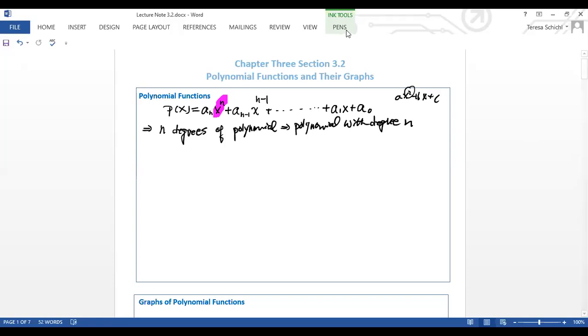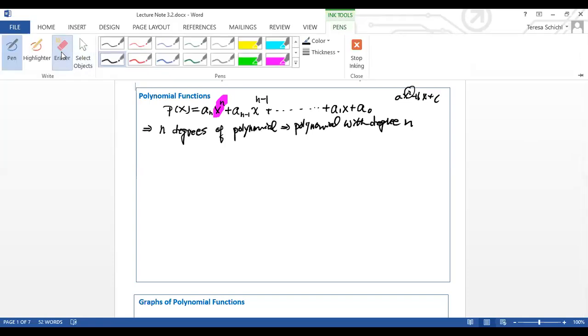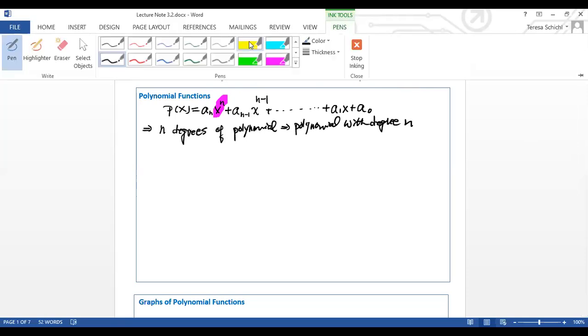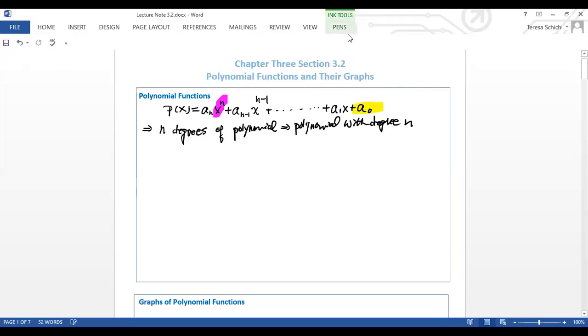That's why in the previous section we said this quadratic is a special polynomial with degree 2.